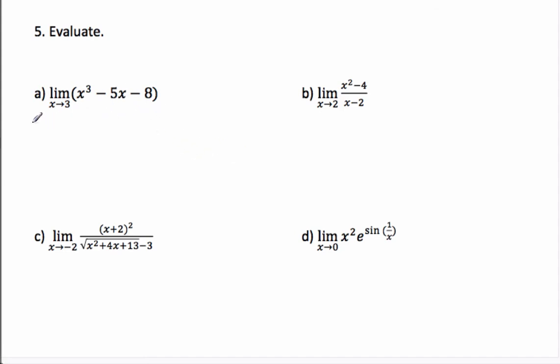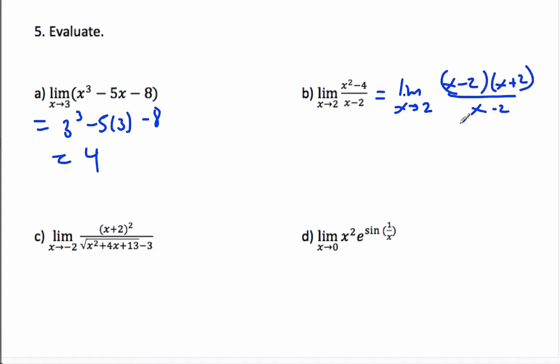If possible, when calculating a limit for a simple polynomial function, you can just plug in the value. So we plug in 3 and get 3 cubed minus 5 times 3 minus 8, which equals 4. In the next example, that doesn't work because you would divide by 0. But notice the numerator factors as 2x minus 2 times x plus 2.